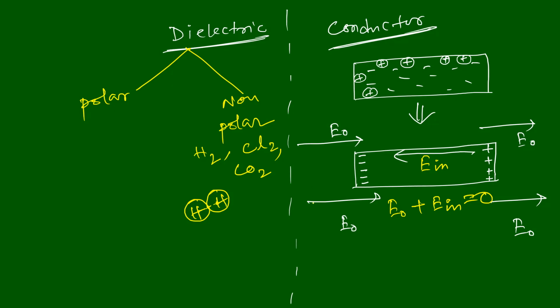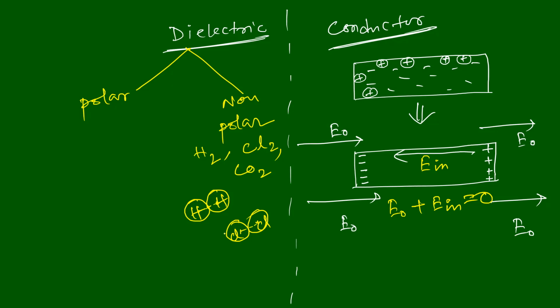If we see the diagram of Cl2, then it looks like this. There are two chlorine atoms. There is a Cl, this is another Cl. Now their centers are coinciding with respect to each other. Right? So this kind of molecules are known as non-polar molecules, and they don't have any dipole moment. Now if we look at the diagram of CO2, I'm making the diagram of CO2, but not according to chemistry.